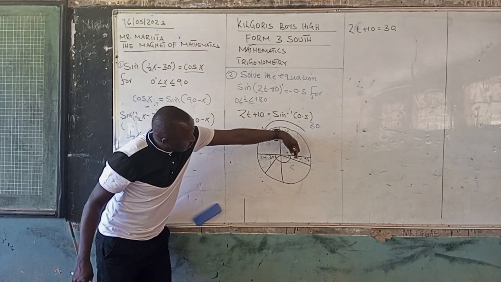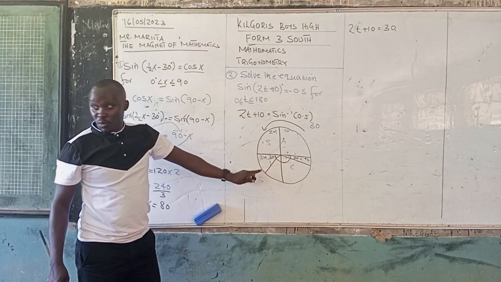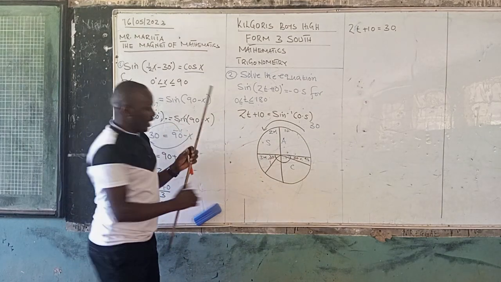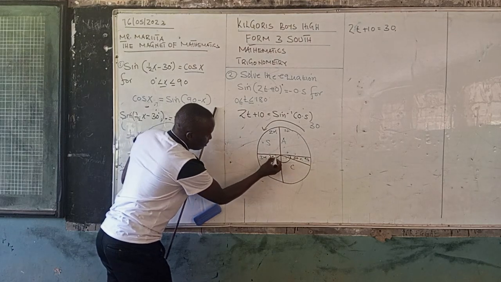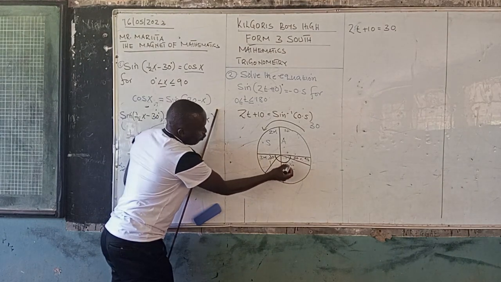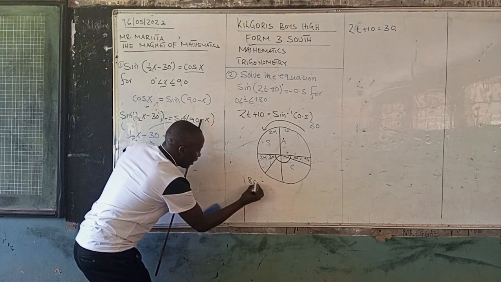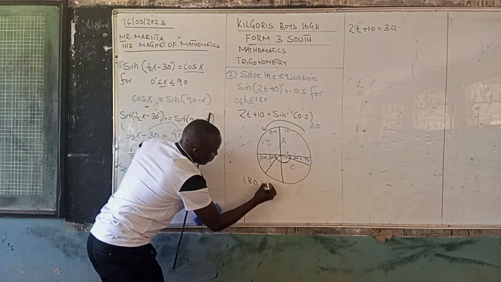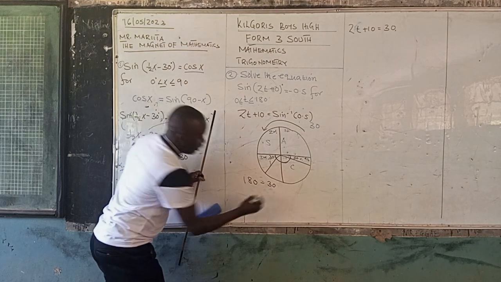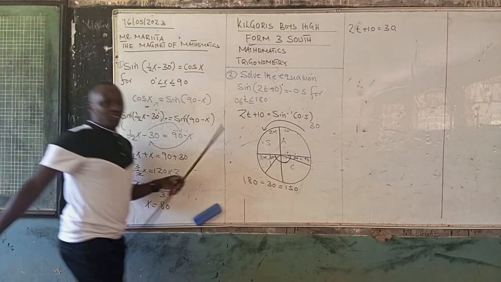So from here, the half of this one is equivalent to be 180 degrees. And already now we have 30 degrees here. How many degrees remaining? So already we have 30. Remember, we are starting from here, and then we move. We have 30 degrees here. So we can have this one as 180 minus, you subtract 30 degrees, which is giving us 150.